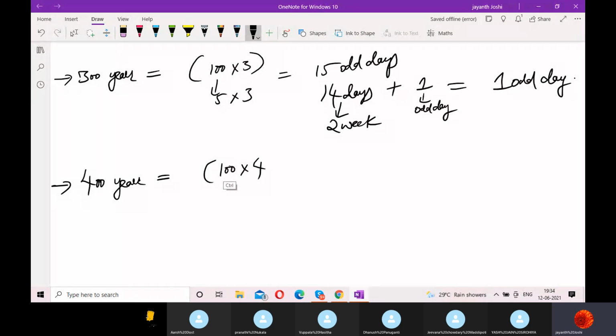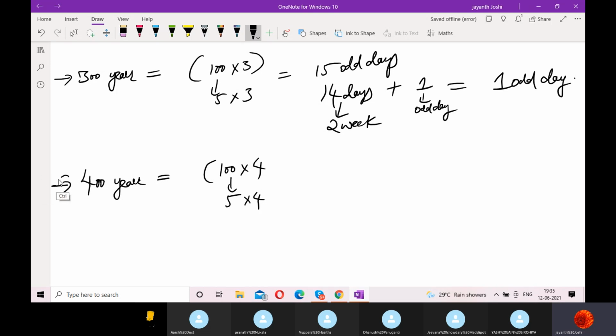So 100 into 4 is 400. If I take 5 odd days into 4, that is 20, and so on. But you would definitely know the century would not be an ordinary leap year. The century would not be a leap year.